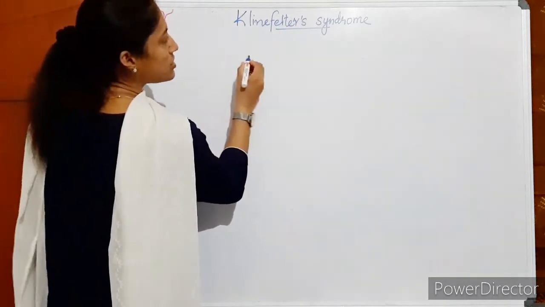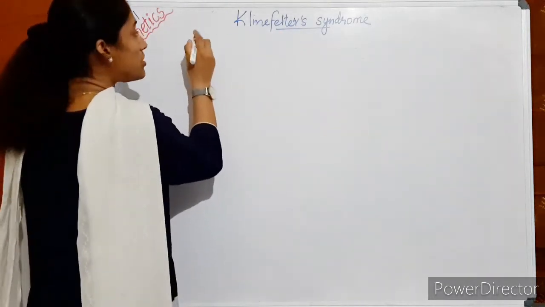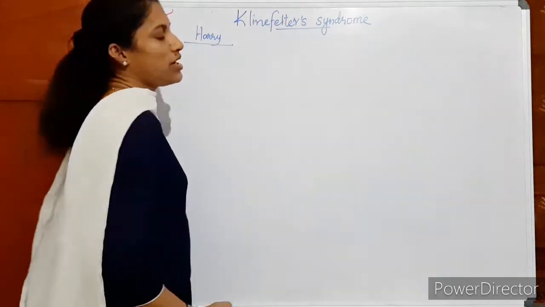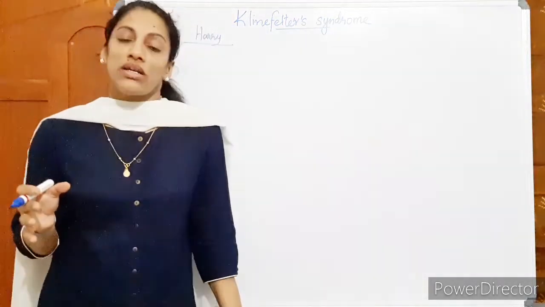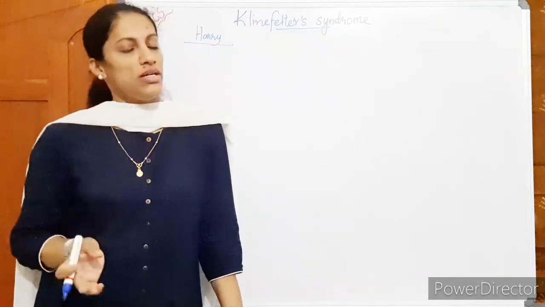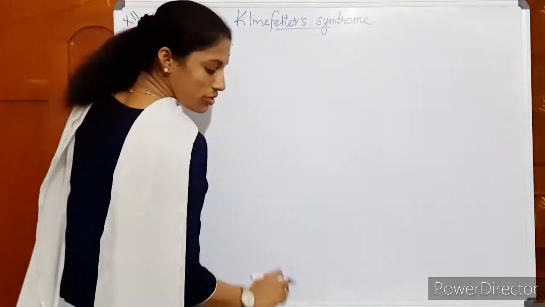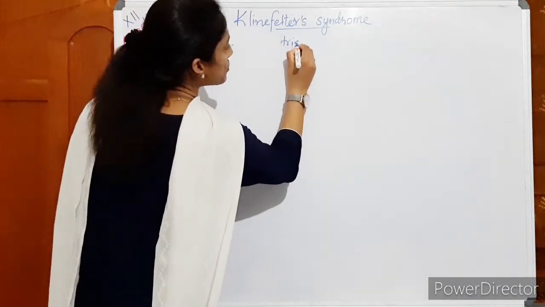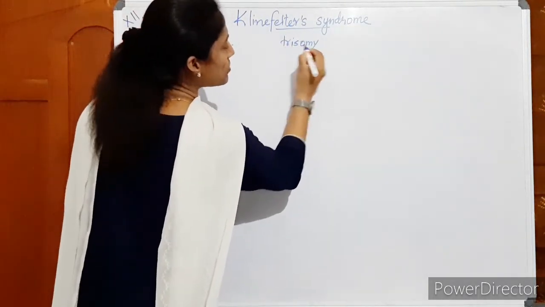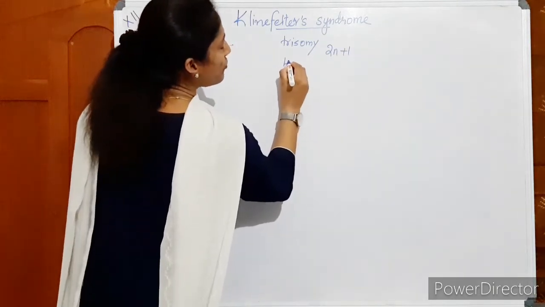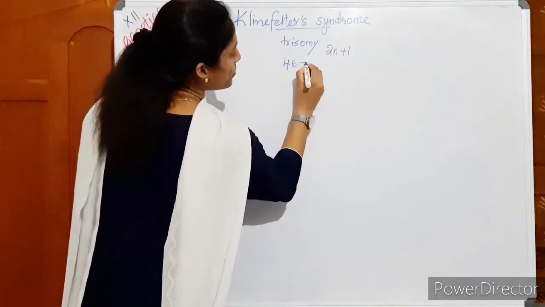So Klinefelter syndrome. This was first discovered by Harry Klinefelter. That's why the name. Okay, first recorded, noticed and studied by Harry Klinefelter. That's why the name Klinefelter syndrome. And here also, this is a case of trisomy. This is a sex chromosome trisomy. That means the case is 2n plus 1. That is 46 chromosomes plus 1.